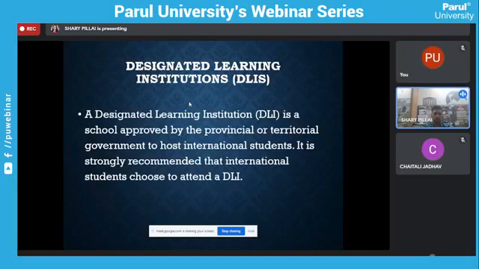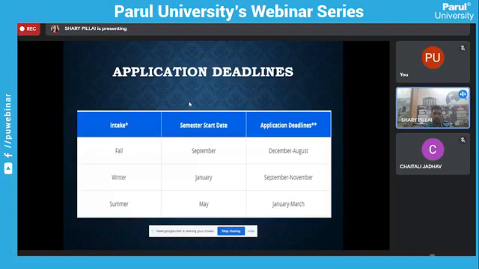If you have one year of study, you will get one year of post-graduation work permit. If you studied at a DLI, only then will you get that benefit. Otherwise, you are not going to get a post-graduation work permit. So you have to study at a DLI institute.